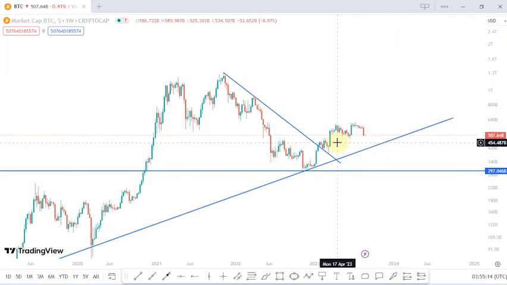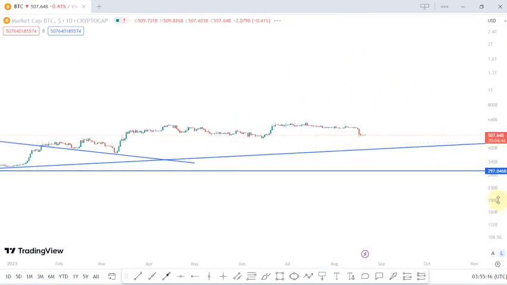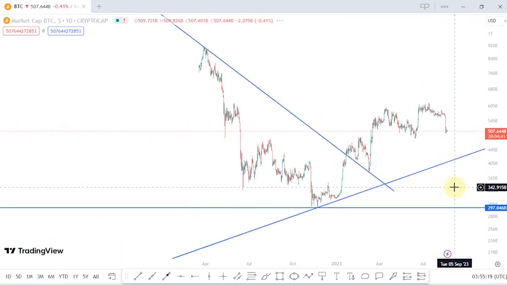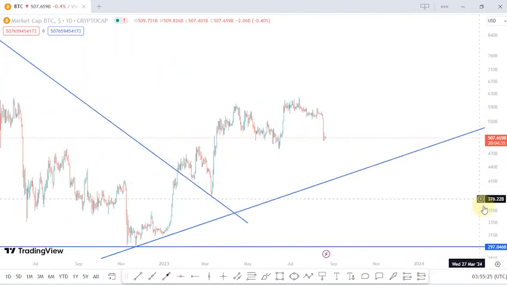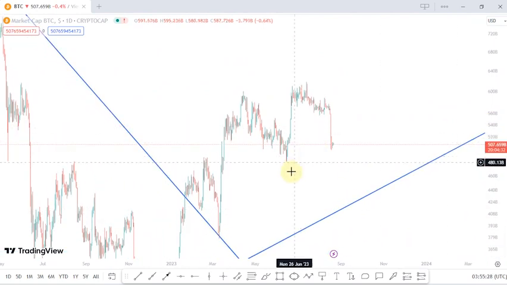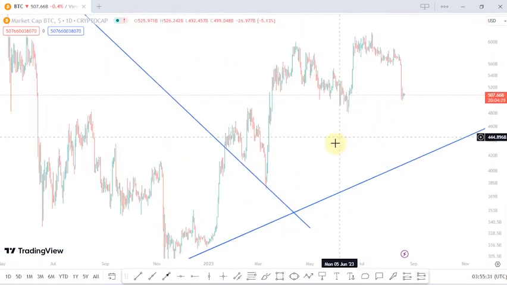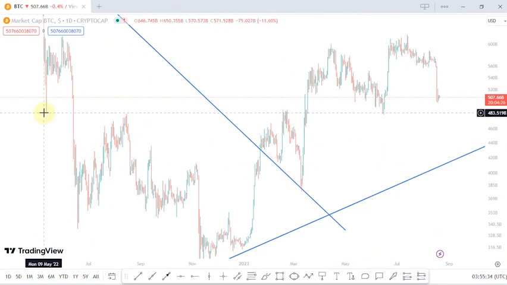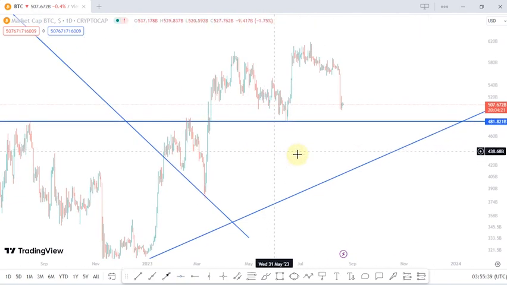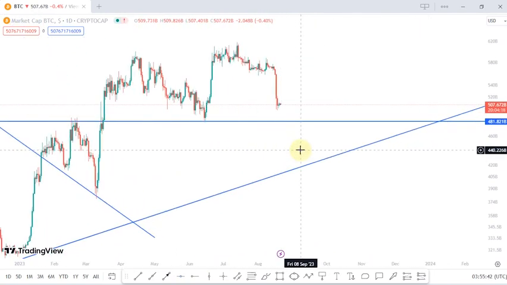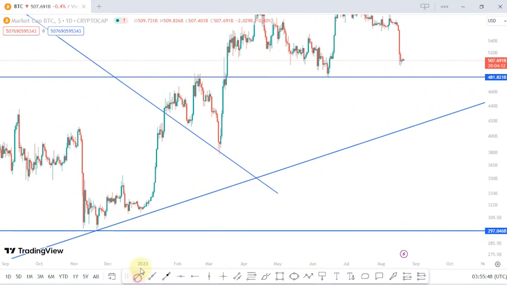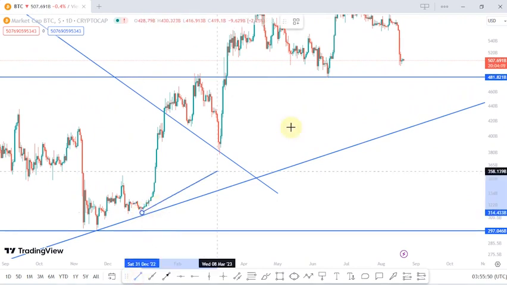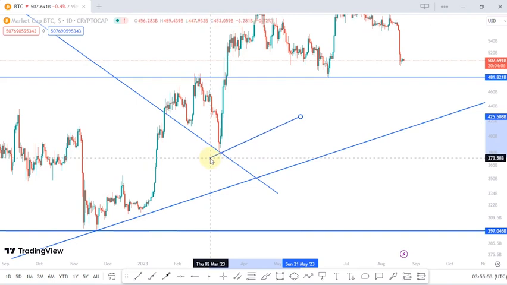So from weekly we go to daily. And what can we see here? I think there's a major support and resistance level here. But before that, we have an inner trend line.